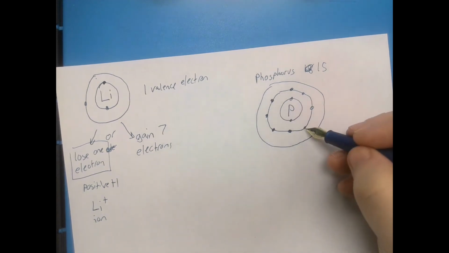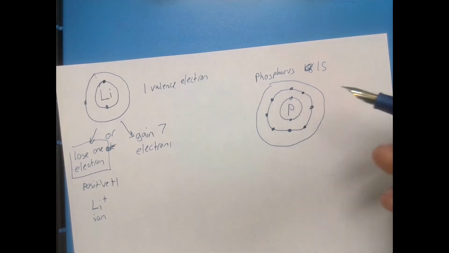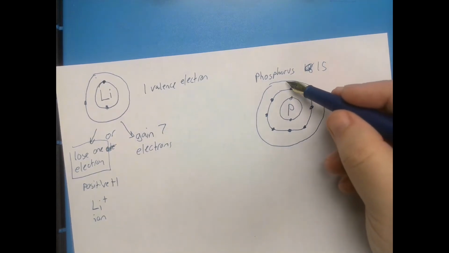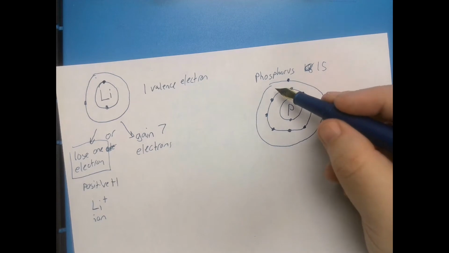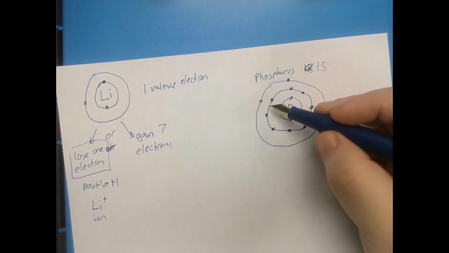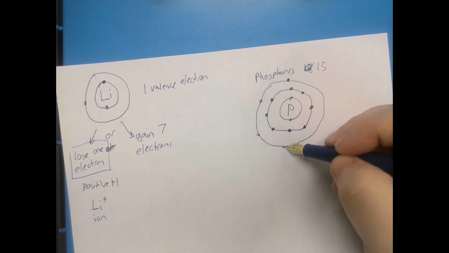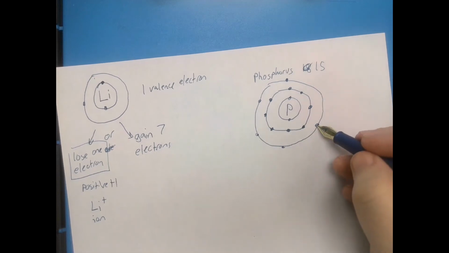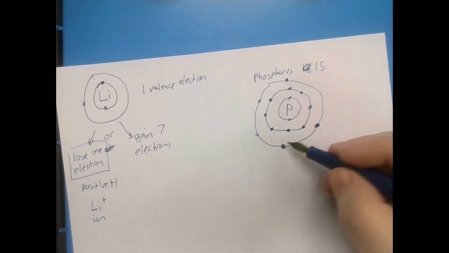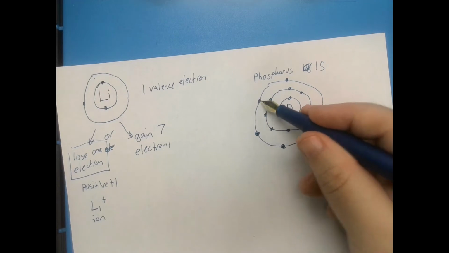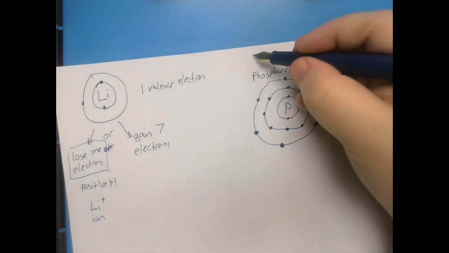And it has 5 on the outside. 1, 2. So it has 8 electrons in the inner shells, so writing out its full configuration.